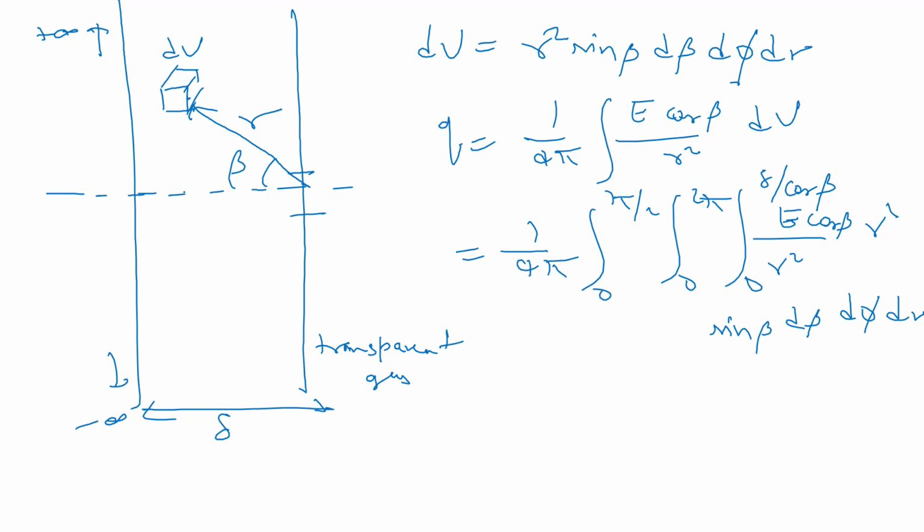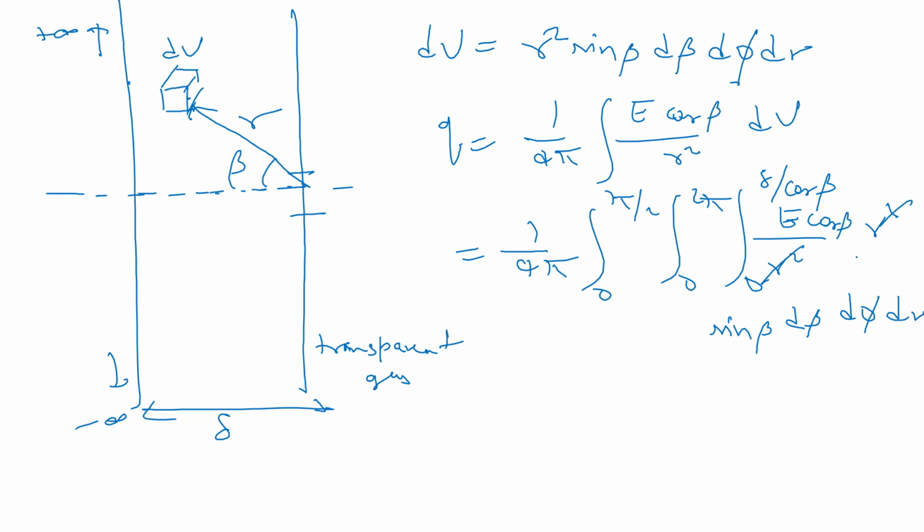This is the limit for R, del upon cos theta. So this length is del. So partly this length R at this end, del upon this R will be equal to cos theta. So R will equal del upon cos theta.